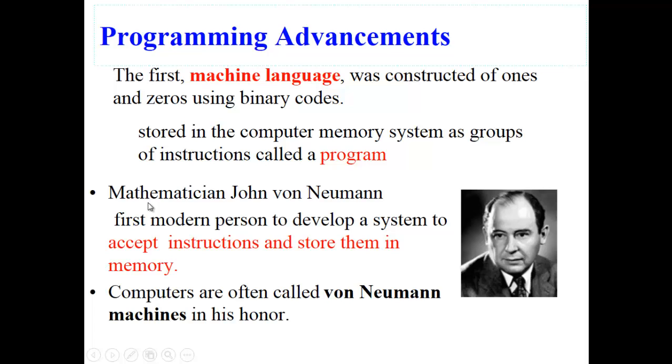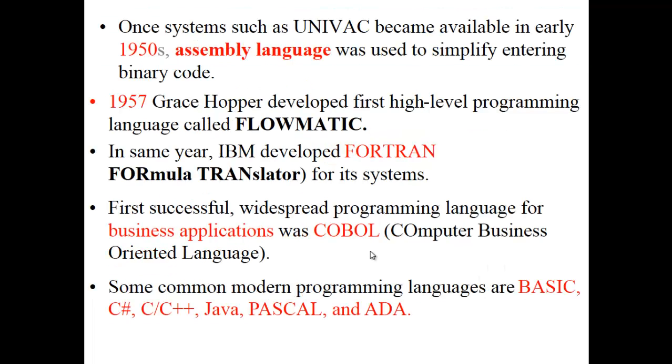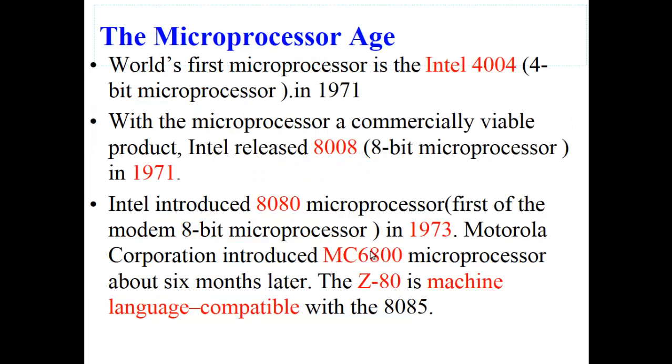We should memorize this very famous mathematician, John von Neumann, the first modern person to develop a system to accept instructions and store them in memory. Computers are often called von Neumann machines in his honor. And later, other languages have been developed, you can see.